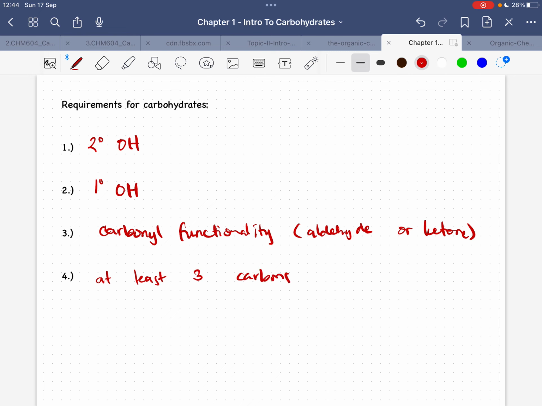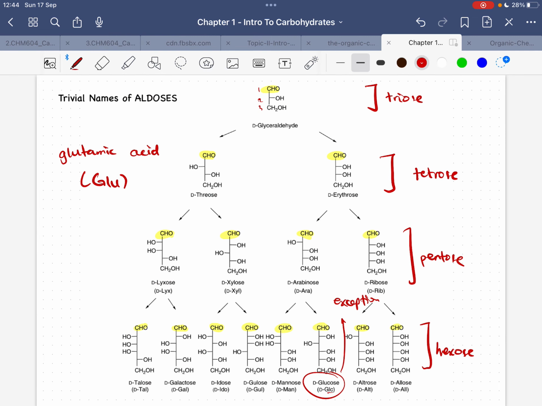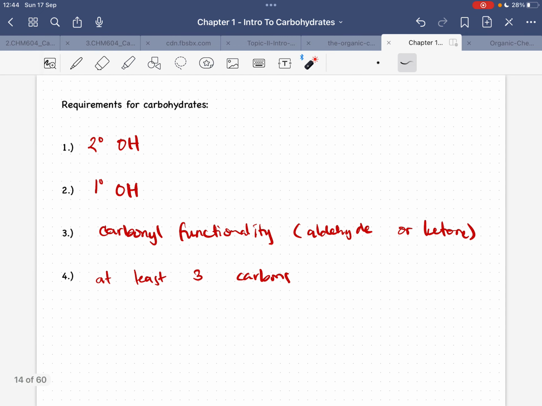So ang pinaka simple nga sugar is the glyceraldehyde. This one kaya na siya at least 3 carbon atoms. So these are the 4 requirements for carbohydrates nga matawag nimo siya nga carbohydrate ni nga molecule. Basta naa siya ani, ma-meet niya nga mga requirements. Okay.